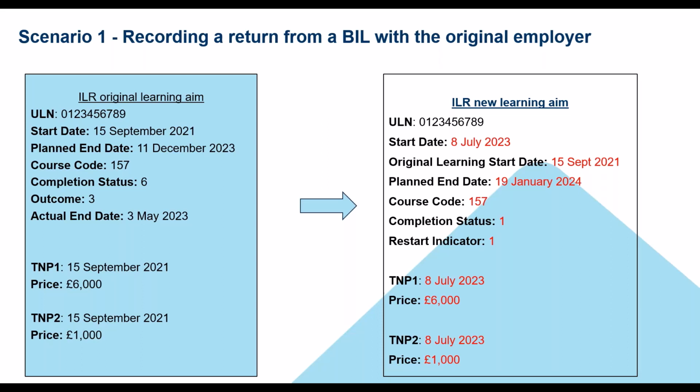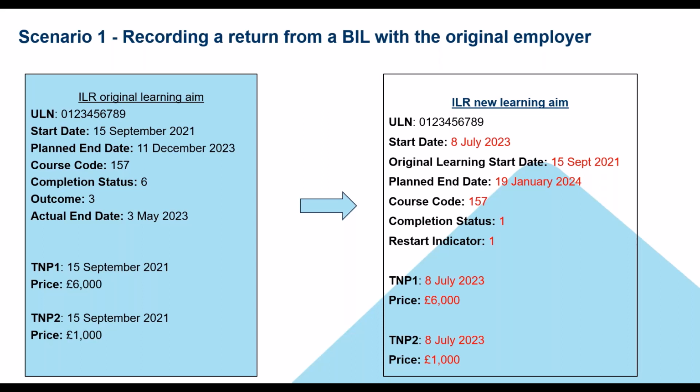As I say, for this scenario, there's no need to record any remaining costs. We just redeclare the original costs for the entire apprenticeship. Effectively, our system knows what was earned prior to that break in learning, and therefore knows what is remaining now that the learner has returned. So that's taken care of by our service.